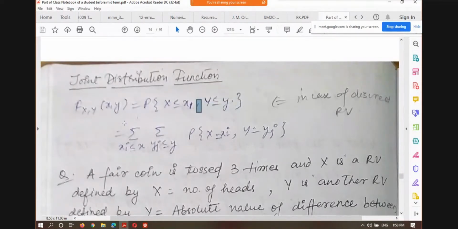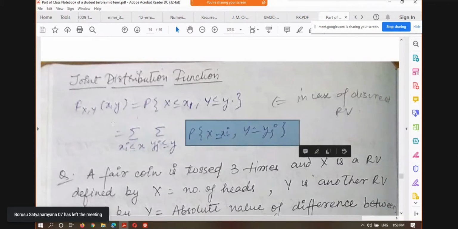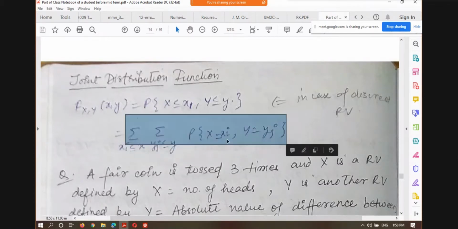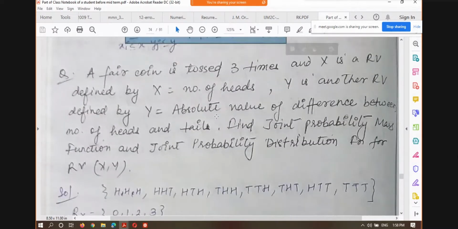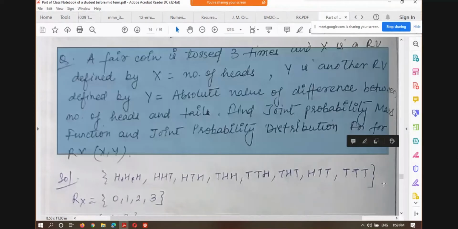Earlier we had a single summation, now we have a double summation over xi less than or equal to x and yj less than or equal to y of the probabilities of these points. If we add them, we get the joint distribution function for the case of discrete random variables.